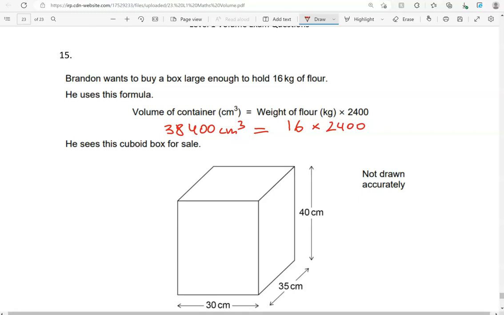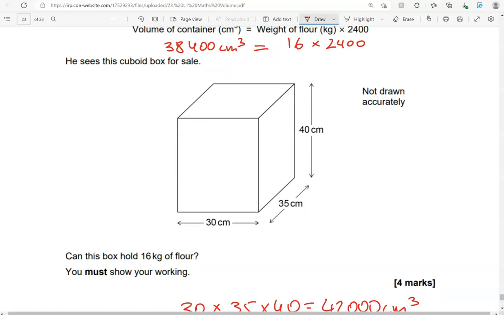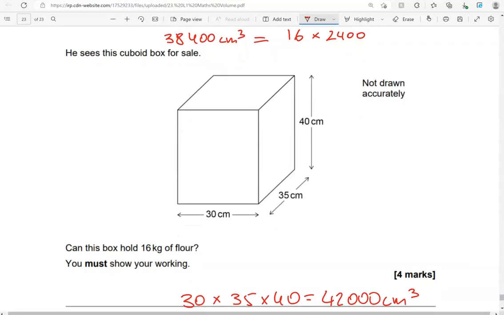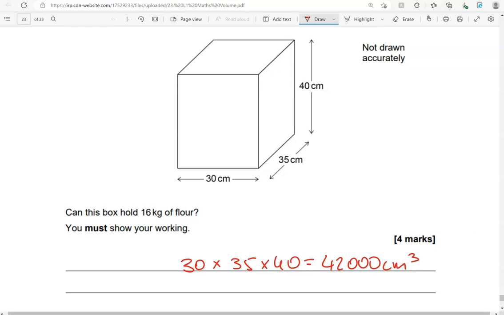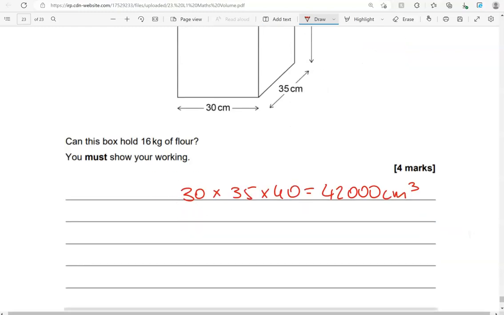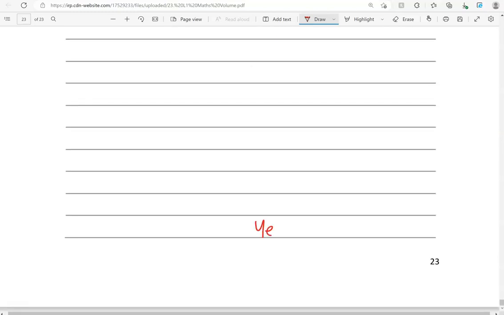So a container that has at least this volume will be large enough. And 42,000 is greater than 38,400. So can this box hold 16 kilograms of flour? We're going to say yes. And that's the end of the questions.